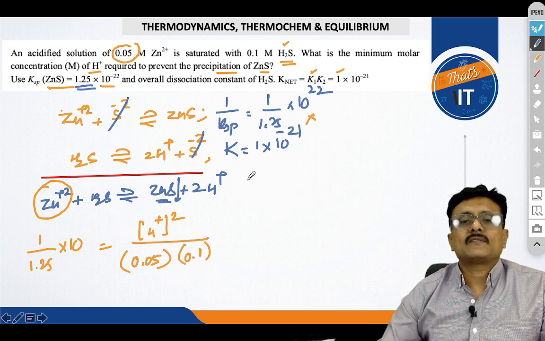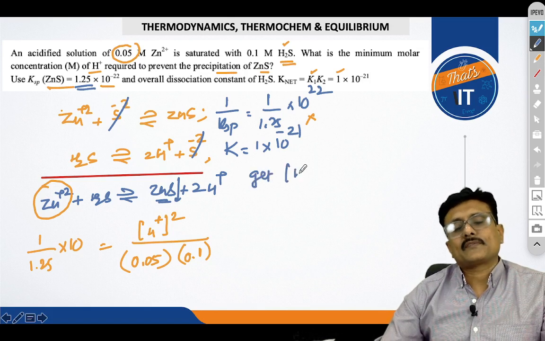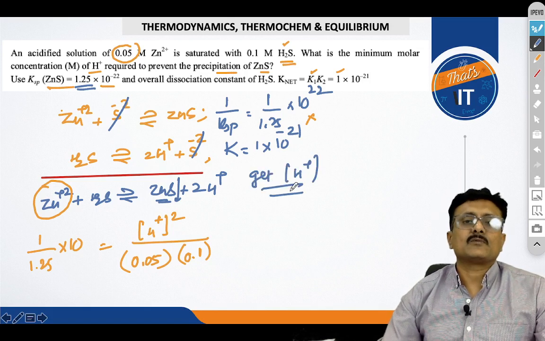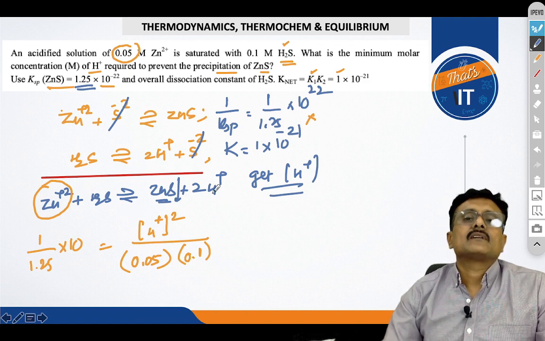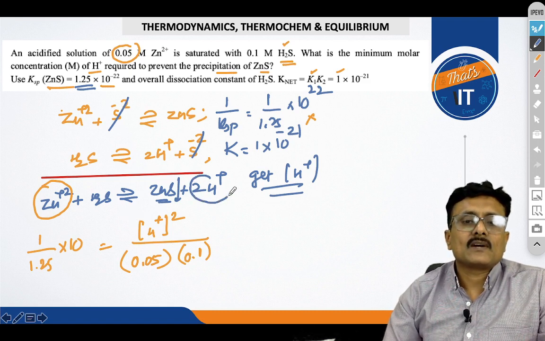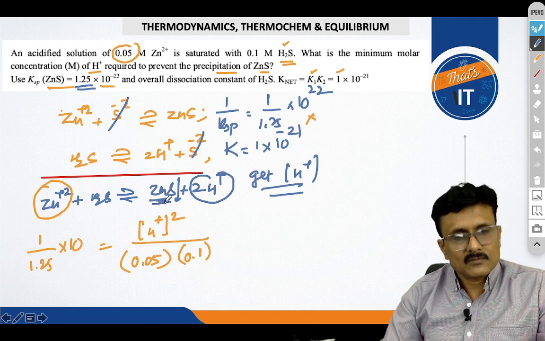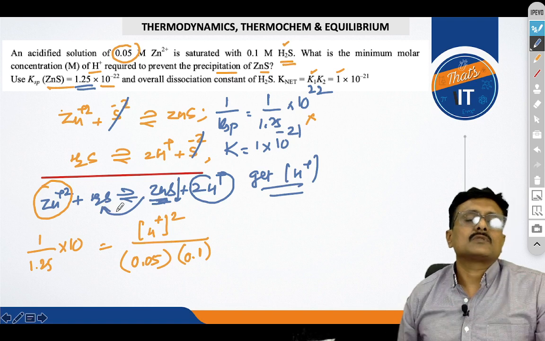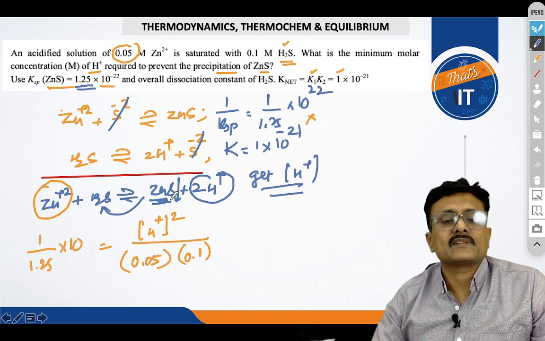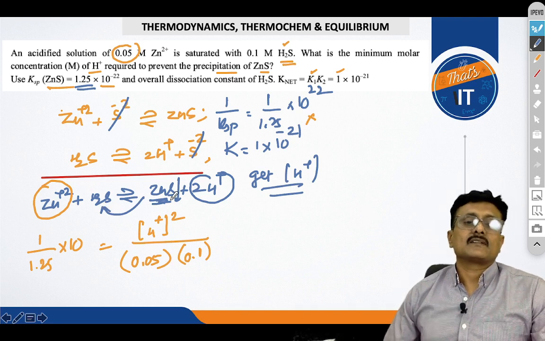You have to get the value of the concentration of H+ which is required to prevent the precipitation of ZnS. That means this is the minimum amount required to cause the equilibrium to be achieved. More than this will shift the equilibrium backward and the precipitate formation is prevented.